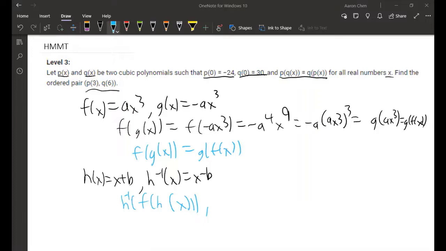So the inverse of h of f of h of x, and also we can look at the inverse of h of g of h of x.